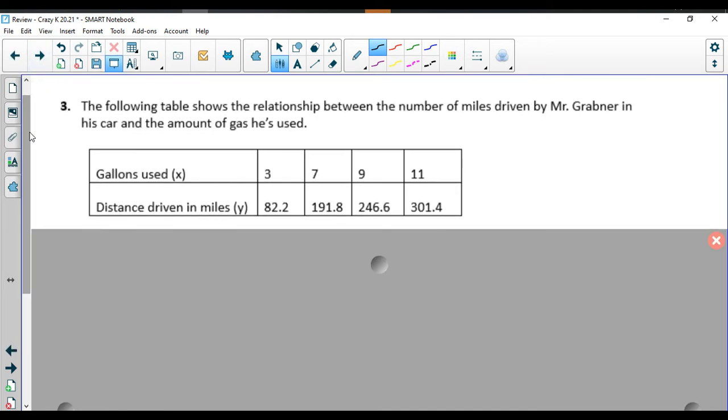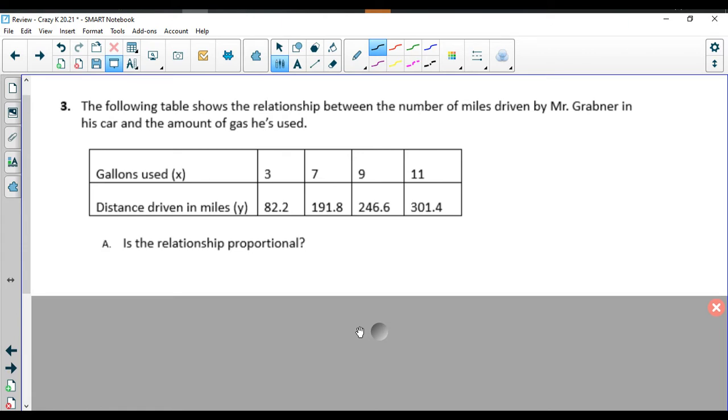Number 3, the following table shows the relationship between the number of miles driven by Mr. Grabner in his car and the amount of gas that he's used. So we have an XY table here. Question letter A, is the relationship proportional? So this is a yes or a no answer.